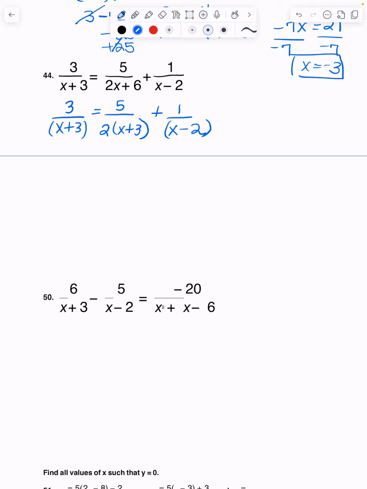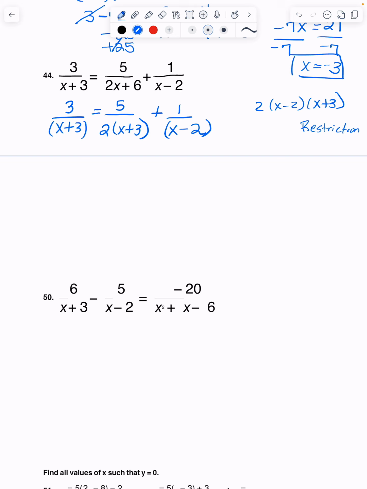Now, once it's factored, my common factor is going to be x minus 2 times x plus 3 times 2. That is listing all the factors that we have here. Now, let's look at the restrictions on the variable.